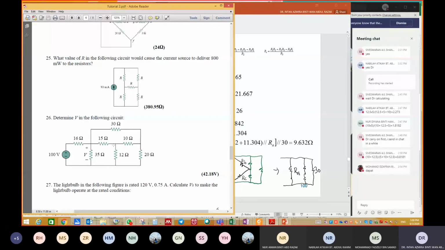So you may solve for V here. You may transform 15, 12, and 10 to a delta connection. Or you may transform this 10, 12, and 20 to Y connection.